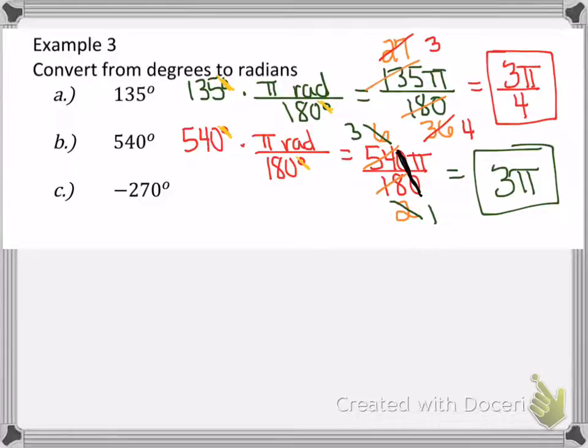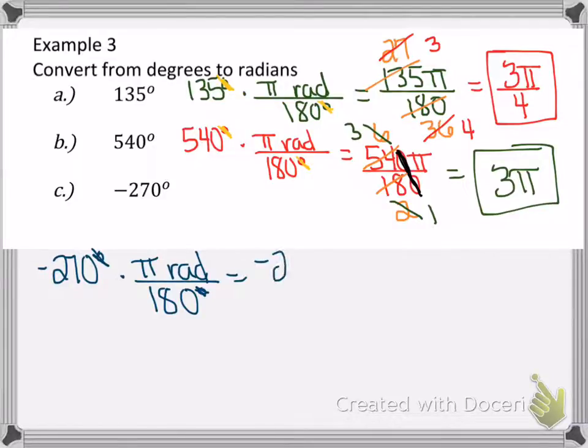And then the last one, I'll write down here to give myself more room. I have negative 270 degrees times pi radians over 180 degrees. Again, the degrees cancel, so I end up getting negative 270 pi over 180.